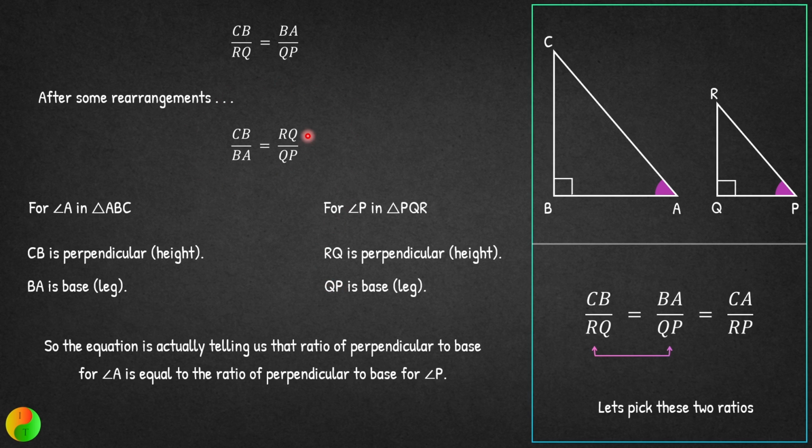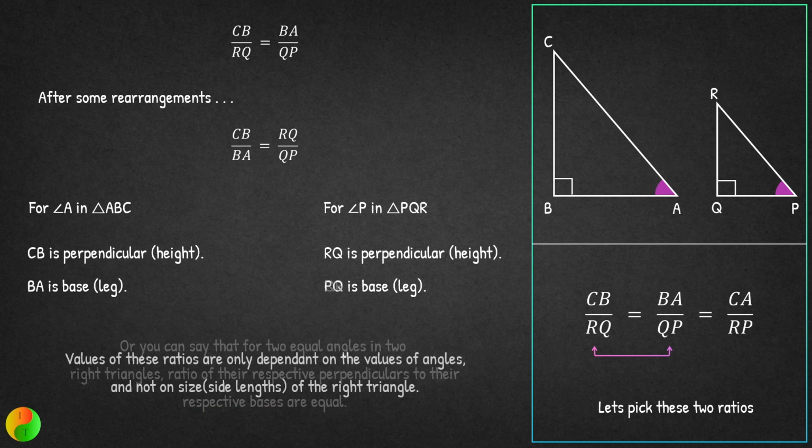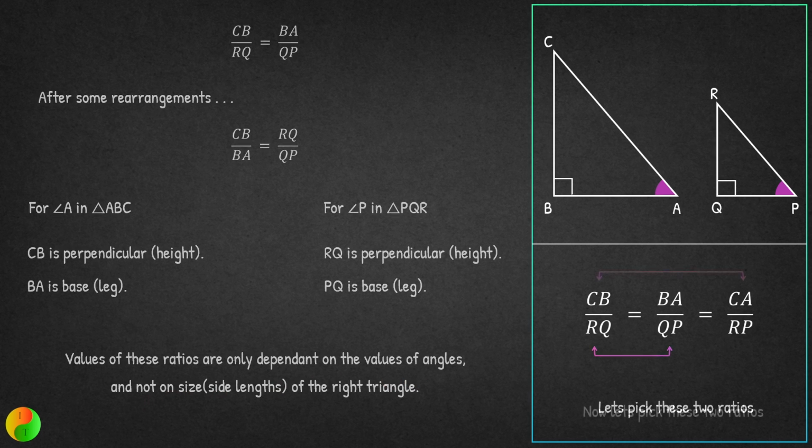So the equation is actually telling us that the ratio of perpendicular to base for angle A is equal to the ratio of perpendicular to base for angle P. Or you can say that for two equal angles in two right triangles, the ratio of their respective perpendiculars to their respective bases are equal. Values of these ratios are only dependent on the values of the angles and not on the size or side lengths of the right triangle.